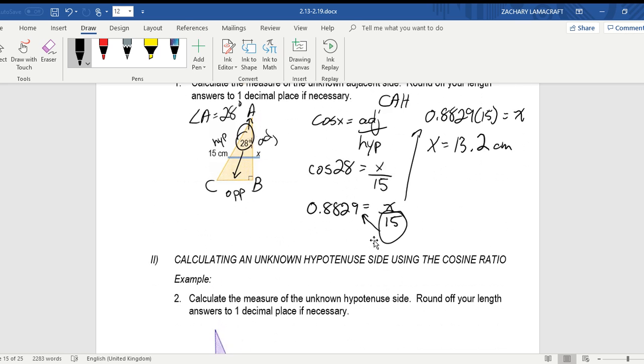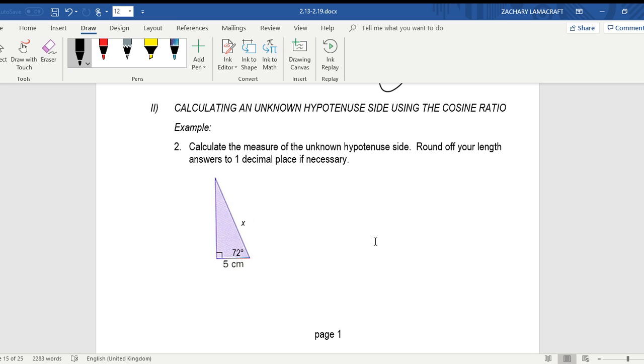Okay, if we move further on, it says calculating the unknown hypotenuse side. So we pretty much know what we need to do. We calculate the measure of the unknown hypotenuse side, and we round our length answers to 1 decimal place if necessary. CAH is what we're using once again, or cos x is equal to adjacent over hypotenuse.